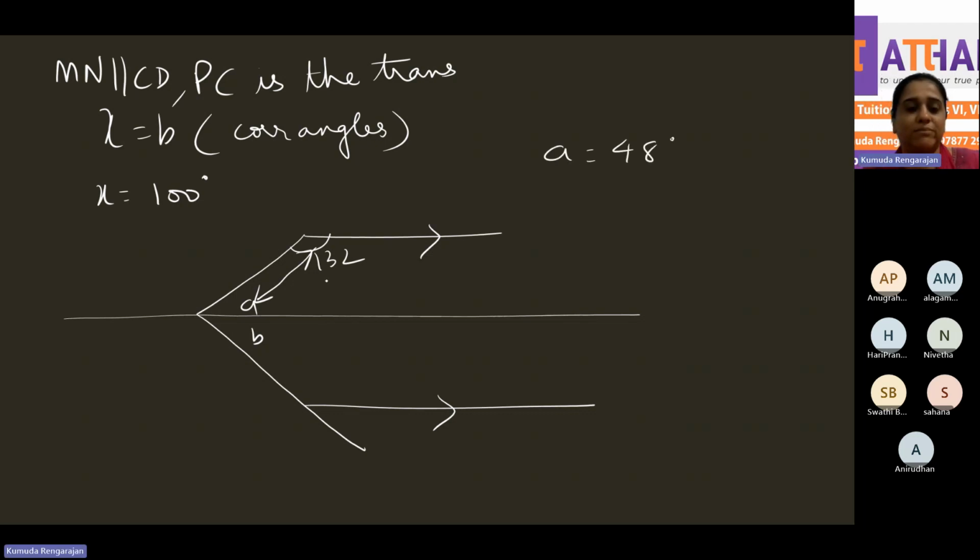48 degrees. Now this is 48. And the full angle is 148. Using allied angles, this one is 48. But the whole thing was given in the question, the whole thing is 148. In the triangle, 100.